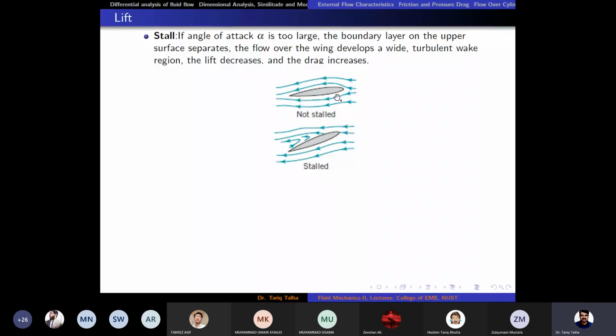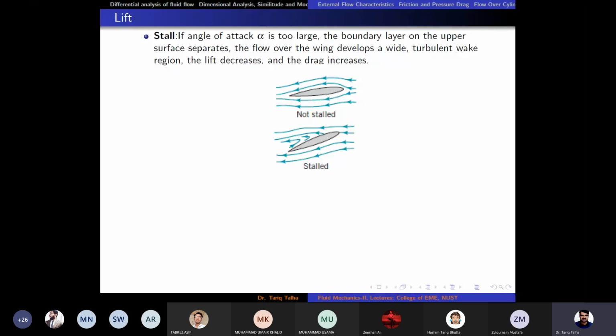But if we make the aeroplane vertical, there would be a huge separation region at the back end. Lift would be very high, but because when we increase the angle of attack we are also increasing the frontal area, what is the consequence? Drag force would increase very high.